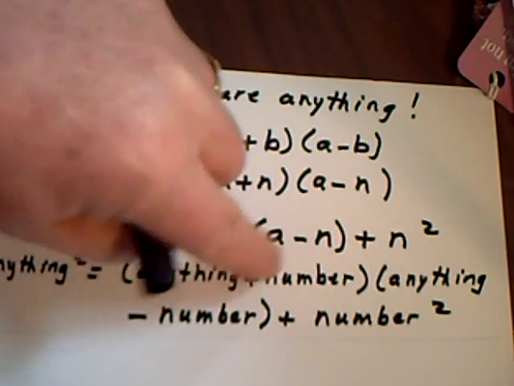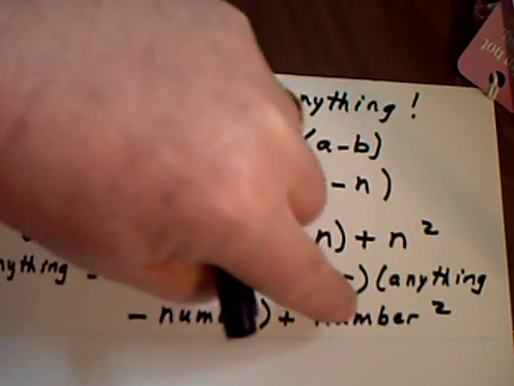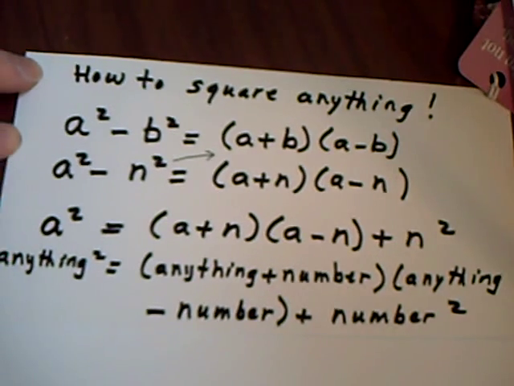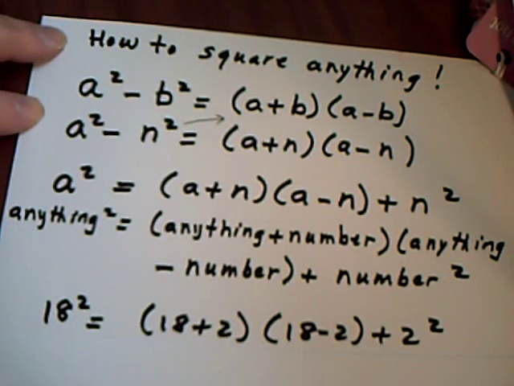So whatever number you add, you also subtract the same number, and then you're going to add on that number squared. So let's see this in action. Here's 18 squared. I don't know what 18 times 18 is, so I'm going to go up 2 and then go down 2. But then I'm going to have to add on 2 squared.